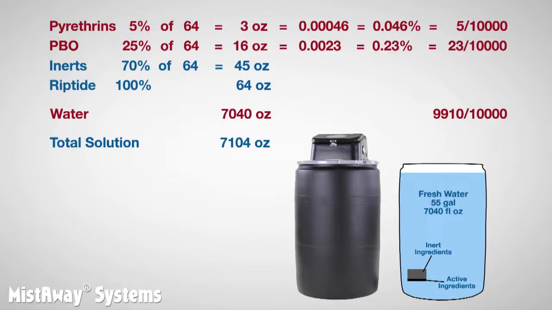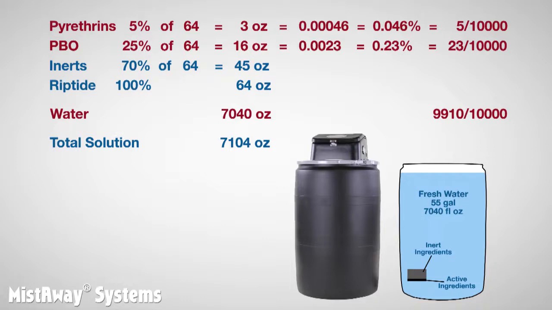However you look at it, the recommended Riptide dose is very dilute, with only 5 parts out of 10,000 being active insecticide. Make sure you remember that ratio, 0.05%, or 5 parts out of 10,000. In the next video, we'll use that as a starting point in discussing dosing and mist durations to control a variety of insects in different conditions.